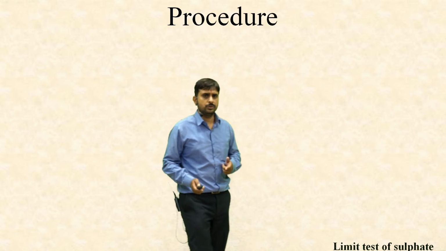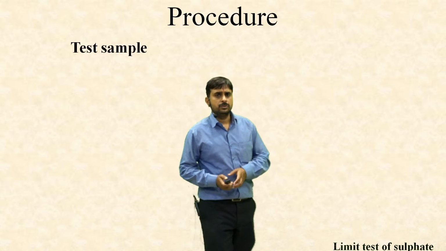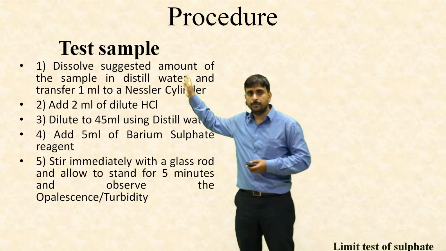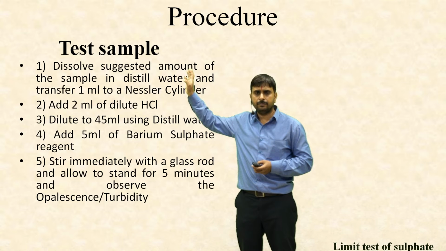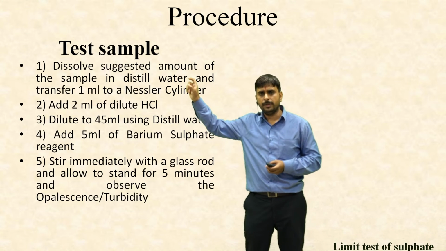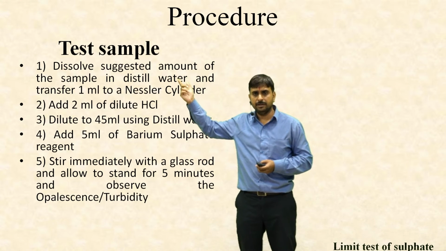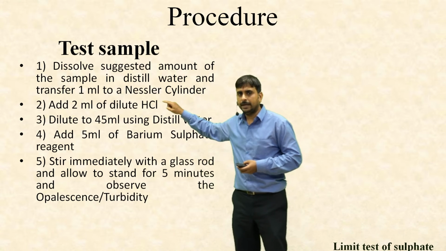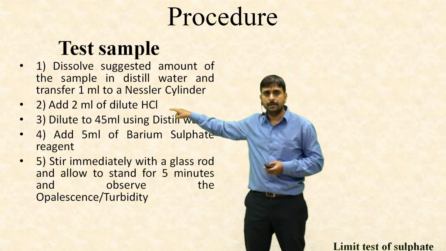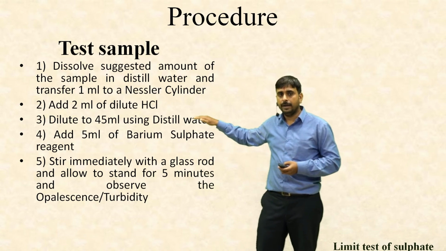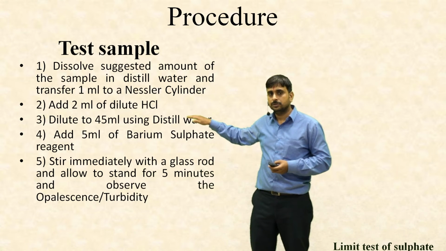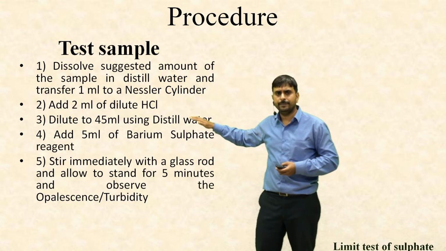Now we are moving to the procedure part. First, we dissolve the suggested amount of sample in distilled water, and of that sample solution, we take 1 ml into the Nessler cylinder, which we have already shown. To this solution, we add 2 ml of dilute HCl, and we add water, around 41 ml, so that the solution reaches the 45 ml mark.